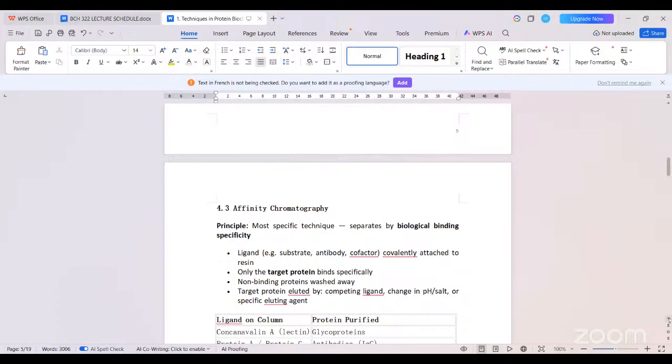That is, the ligands are covalently, that means permanently, attached to the resins, and only the target protein binds specifically, and is eluted either through a change in pH or a specific eluting agent.